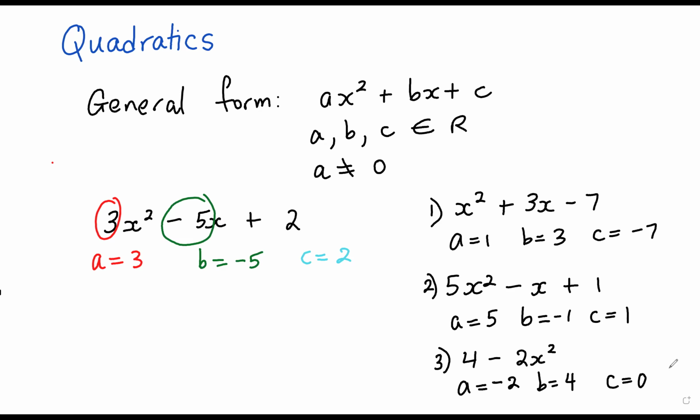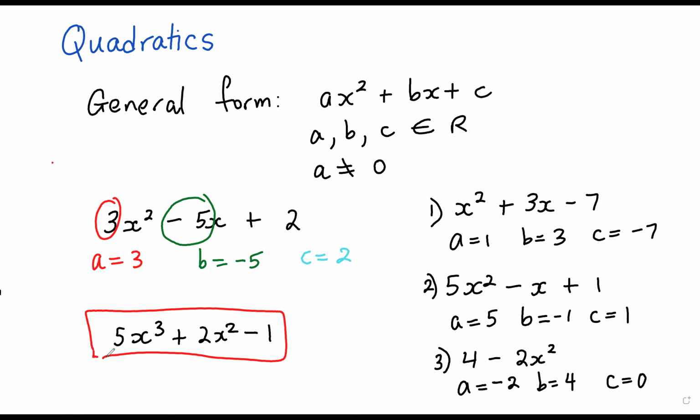All right, now quickly tell me, is this a quadratic? 5x cubed plus 2x squared minus 1. Is this expression, that I just wrote here, a quadratic? No. Zayden, why is it not a quadratic?